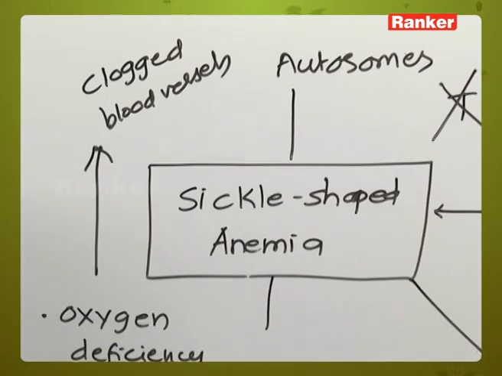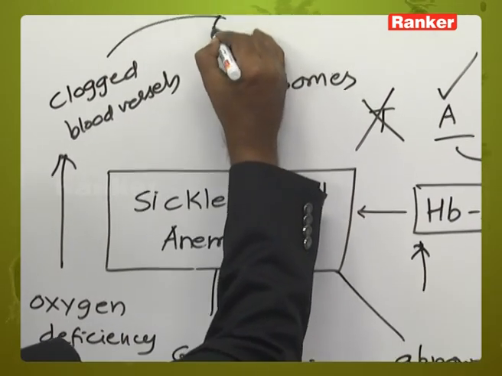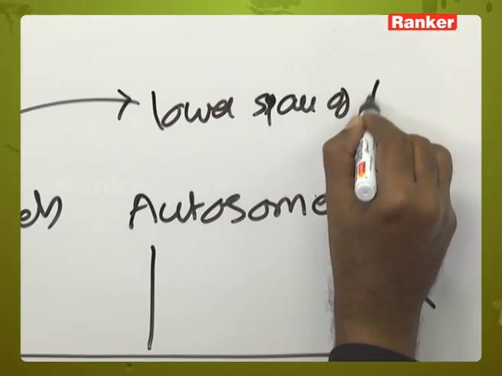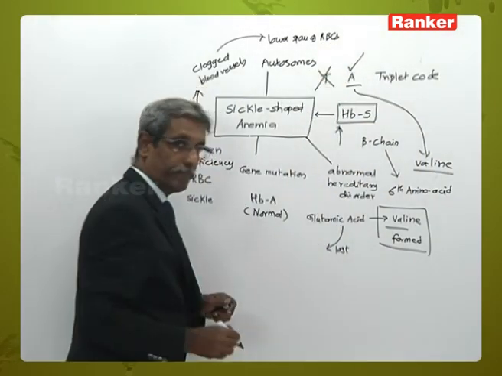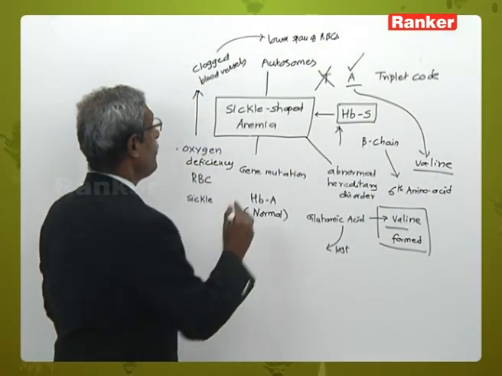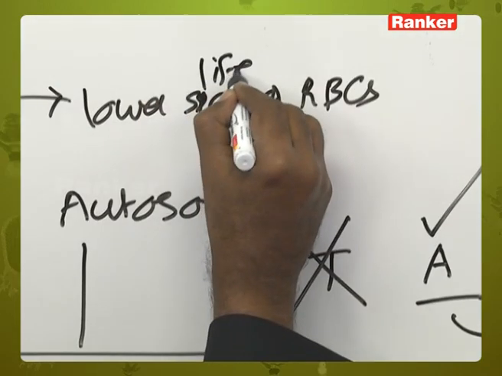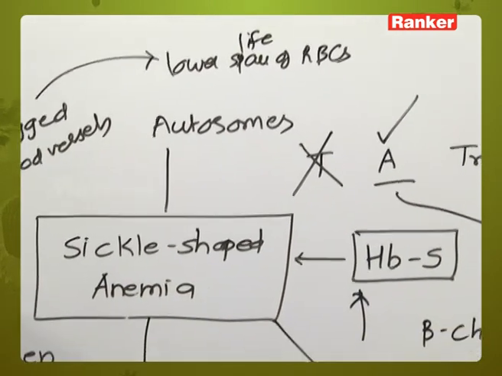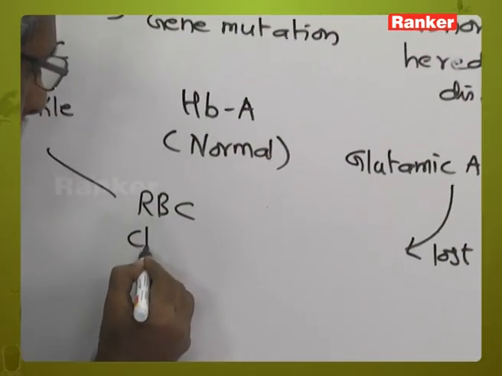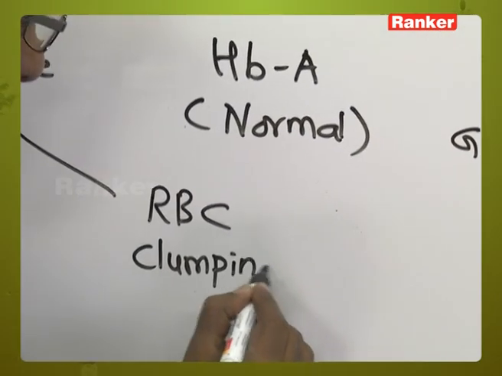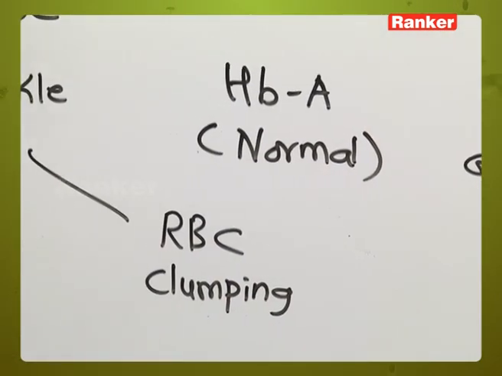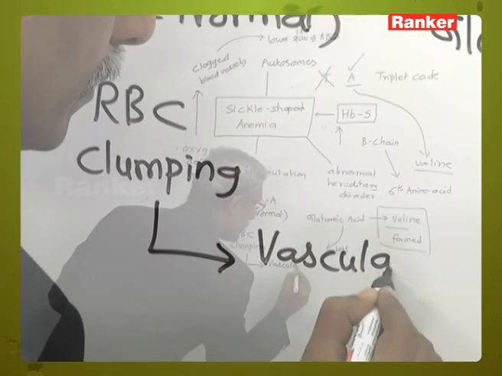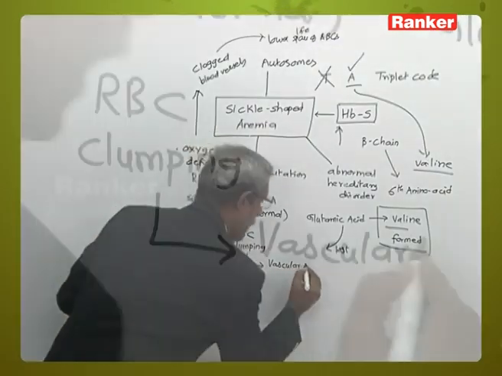There is clogging of the blood vessels, thereby there is lowering of the lifespan of the red blood corpuscles. It results in RBC clumping due to lack of oxygen, RBC clumping, which finally results in vascular obstruction.